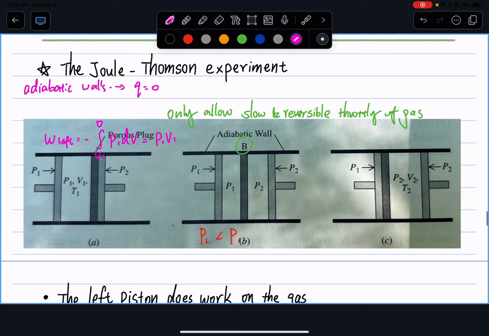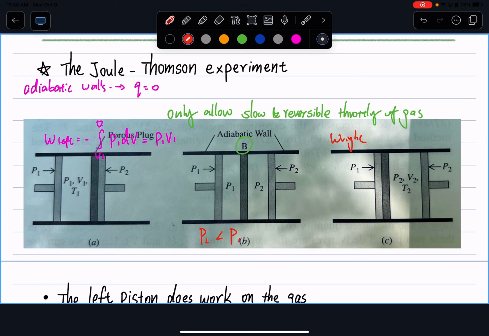That's V1 to 0. So we start from V1, we end up at 0. On the left-hand side, you have the plug doing work on the gas. And on the right-hand side, the gas is doing work on the right plug, P2 here.